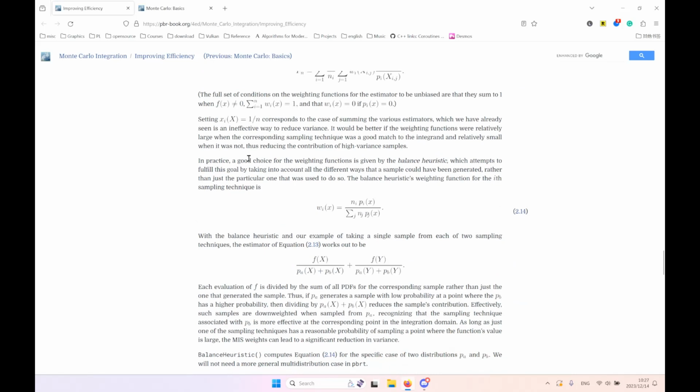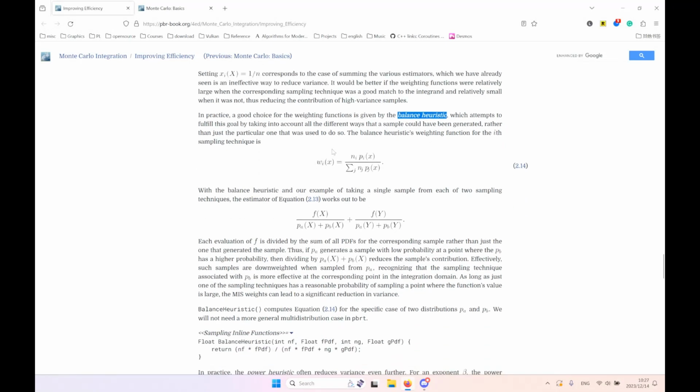So a good choice of this weighting function is given by the balance heuristic. To be honest, I'm a bit lost here as well about how this balance heuristic works.